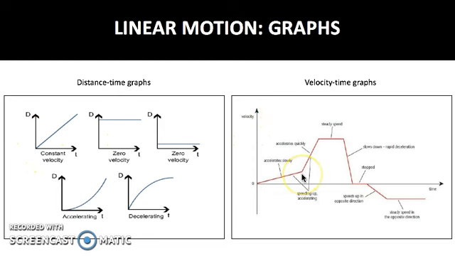In this case, it would be different. So here now, on the velocity time graph, you can see that this diagonal line that we saw in the distance time graph actually represents acceleration, and it's this straight line here that represents this constant speed, this constant velocity.